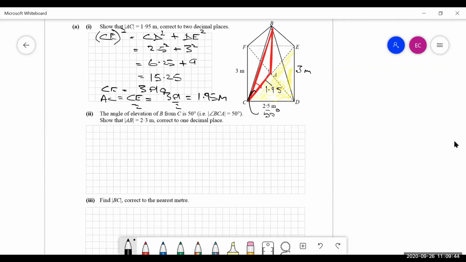So in this case, we're going to use TOA, so that's the tan. So the tan of 50 degrees equals AB over AC. That equals AB over 1.95.